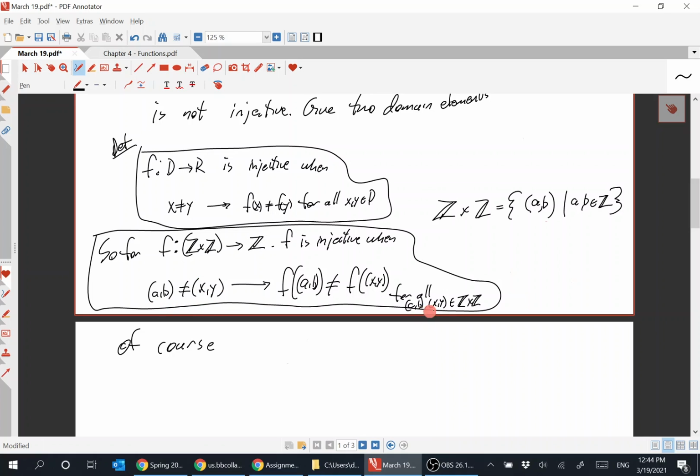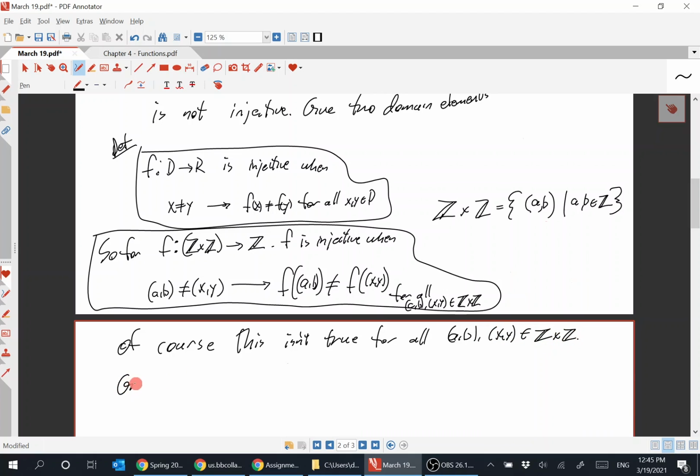For every two elements, A, B, comma, X, Y, of Z cross Z, when A, B is not equal to X, Y, it implies that F of A, B is not equal to F of X, Y. Of course, this isn't true for all A, B, X, Y, in Z cross Z.